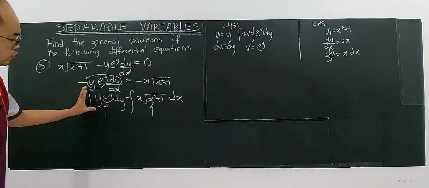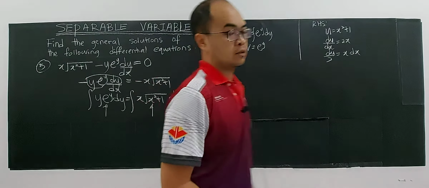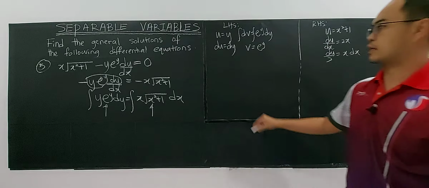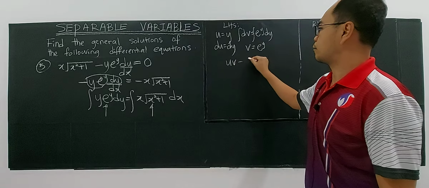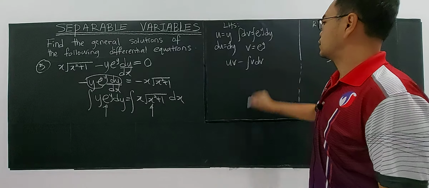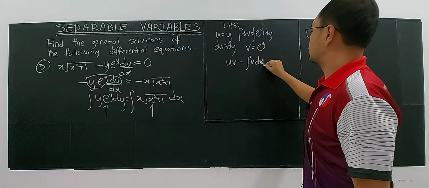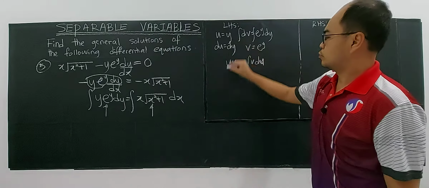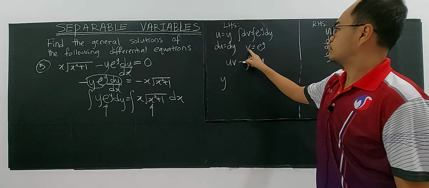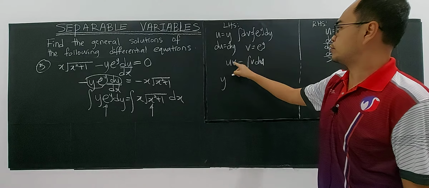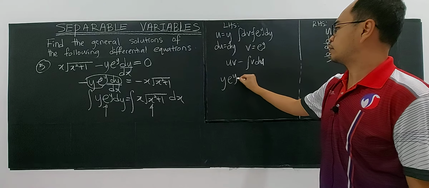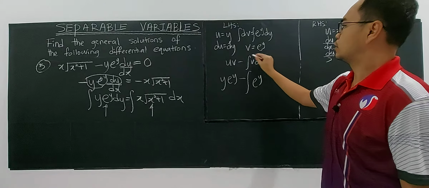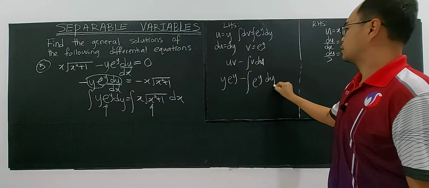Now we solve the left-hand side first. We divide this into the left-hand side and the right-hand side so that you have a better understanding. Here we apply integration by parts: uv minus the integral of v du. So u is y, uv is y e^y, minus the integral of v du, and du is dy, right?